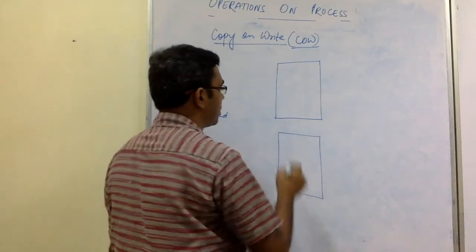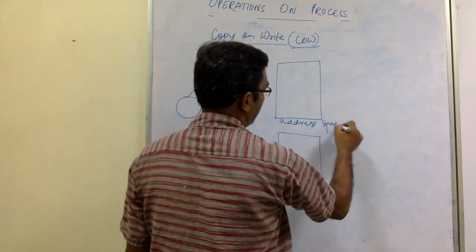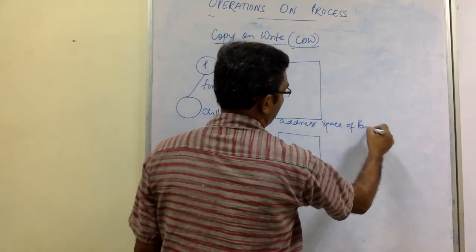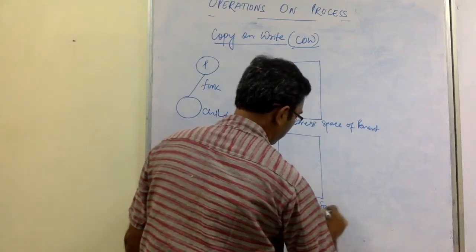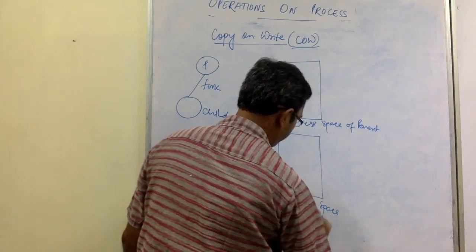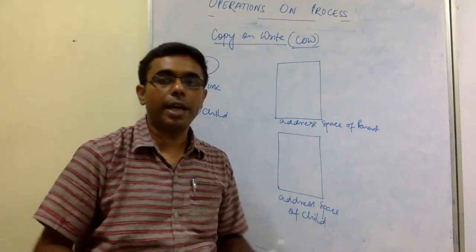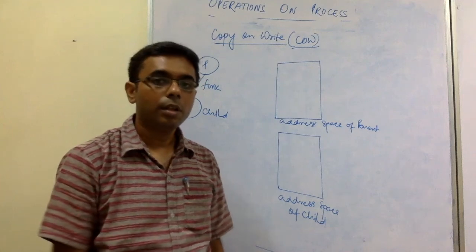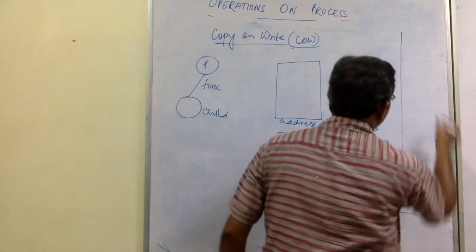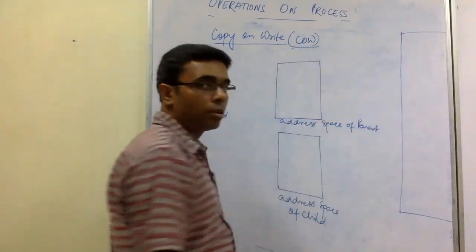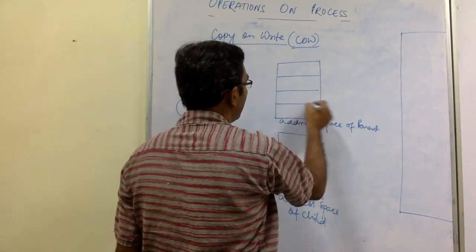So as a result, they have two different address spaces. So this is, let's say, the address space of the parent, and this is the address space of the child. Because they are two independent processes, they definitely have two different address spaces. And by the way, these address spaces are virtual address spaces. So each one of them can be considered as consisting of a number of pages.